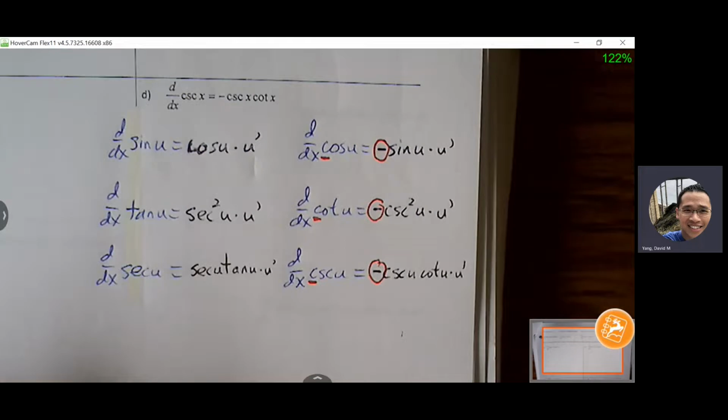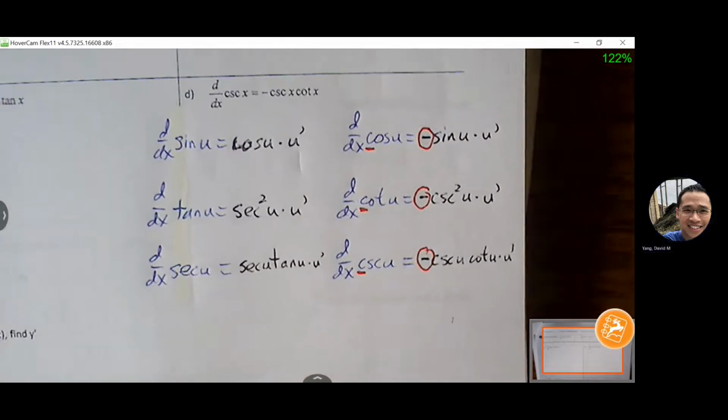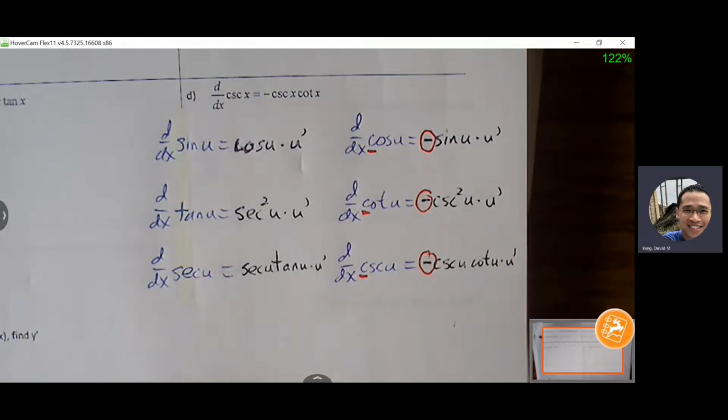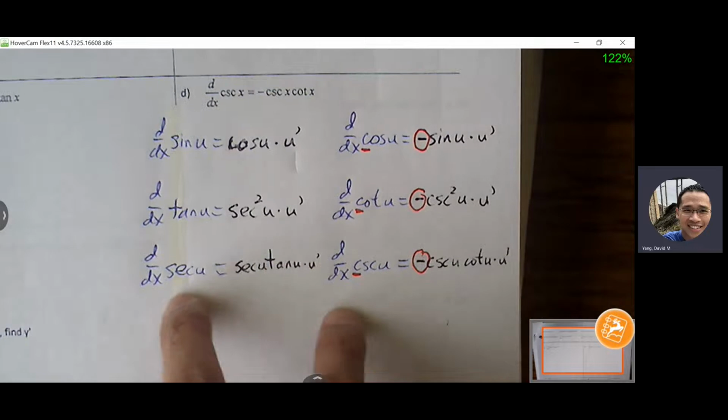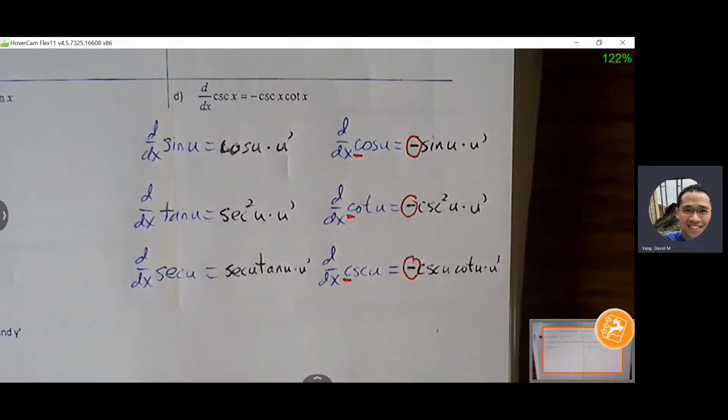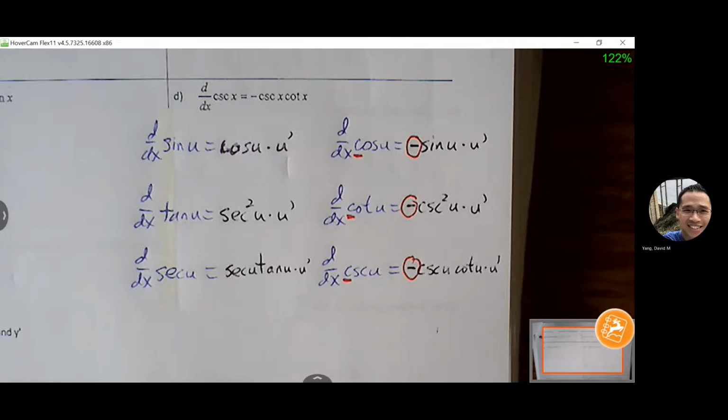Okay, so I really don't memorize the integral rules for trig. I just use my derivative rules and arrive at them. And I feel like, well, there's no need to memorize it if I can just use this and access all 12 rules. Okay, so let's look at example 2.